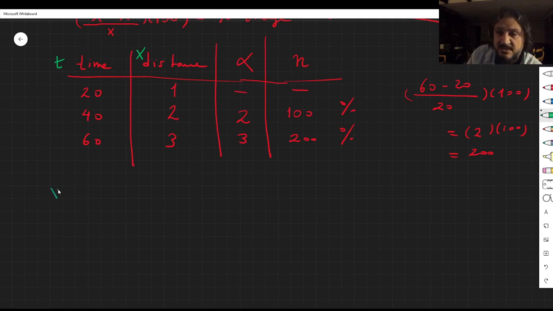So can I write an equation that relates x to t? Because I know that if I change t, x changes as well. They are proportional. If I triple the time spent, I'm tripling the distance. So there's a proportionality between the two, which is shown by this symbol here.